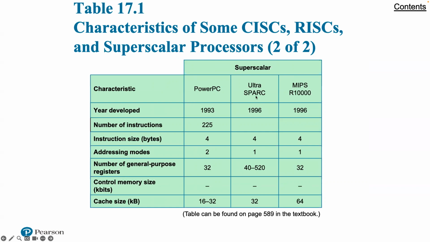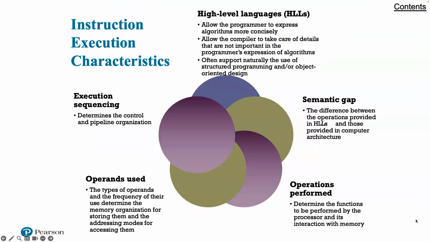We have the UltraSPARC, which is still part of the Sun Microsystems family, and then the eventually open source SPARC design. And then we have the MIPS R10000. Thus we see the CISC, the RISC, and the superscalar processors that are worth noting as we talk about the material that we'll be discussing in this course.